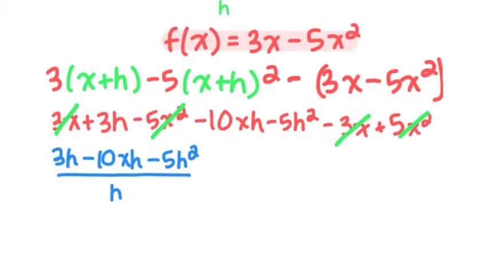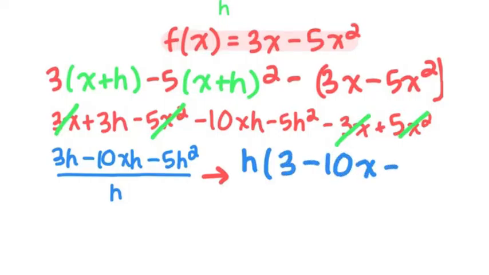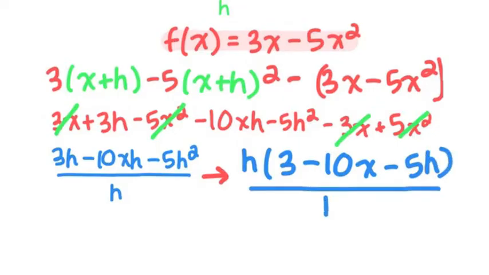And also knowing that we have an h in common on the terms at the top, we'll have it just like this, and over h again, which we can cancel out later.